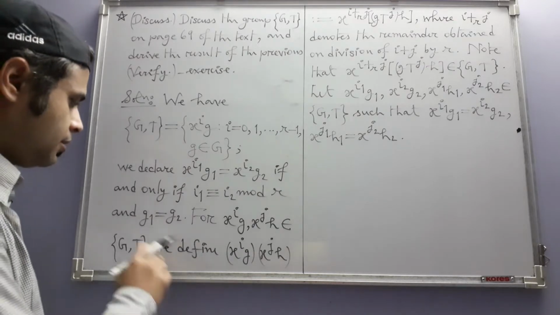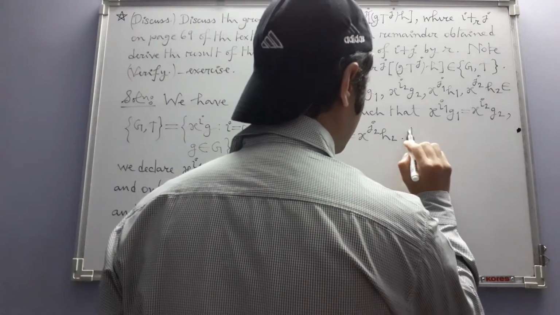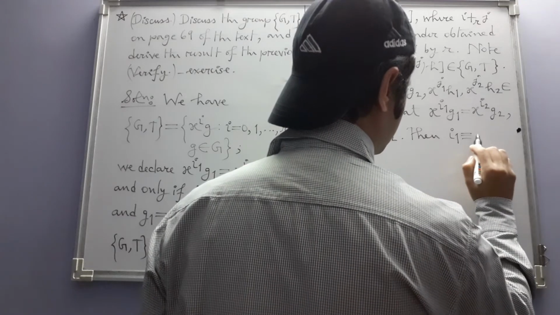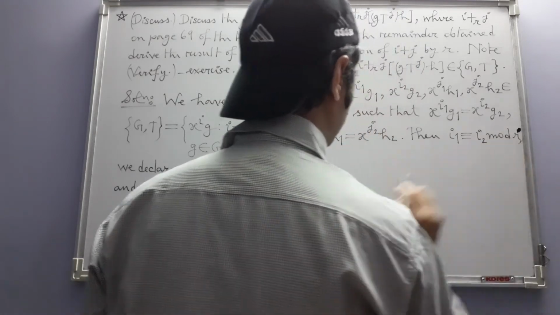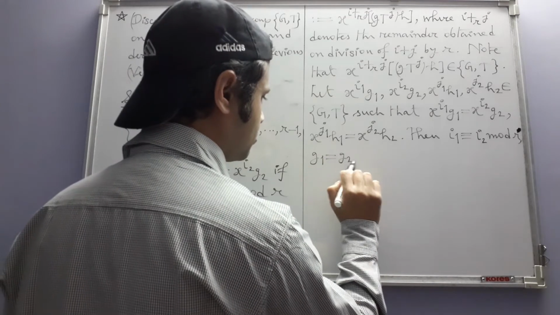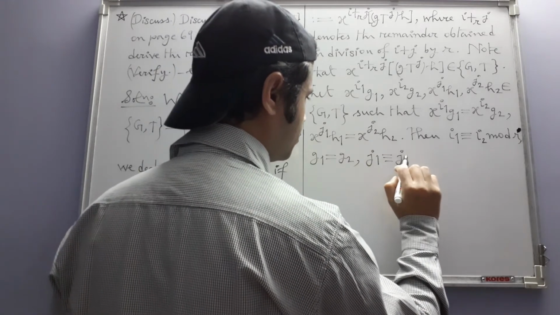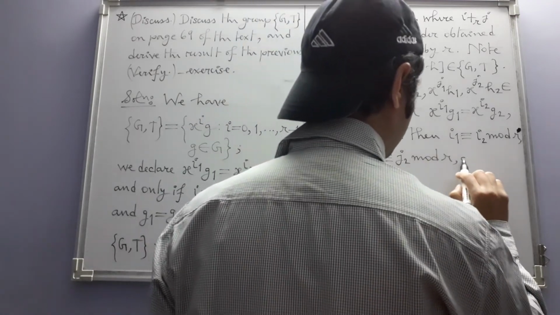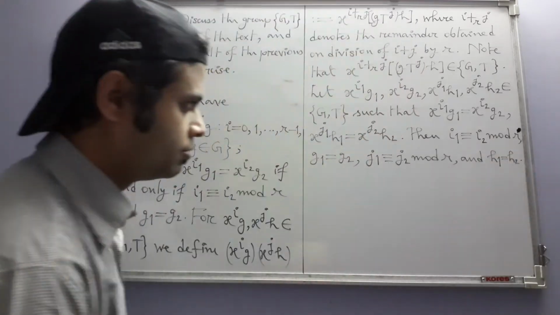Okay, now using our criterion for equality of two such symbols, we then have i1 congruent to i2 mod r, g1 equal to g2, then j1 congruent to j2 mod r, and h1 equal to h2.